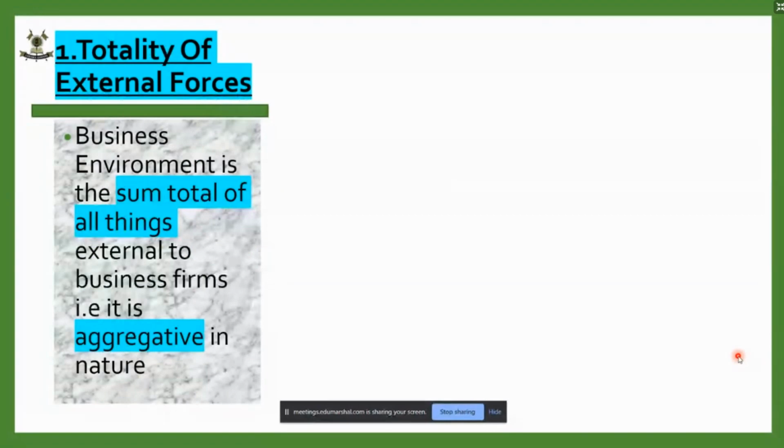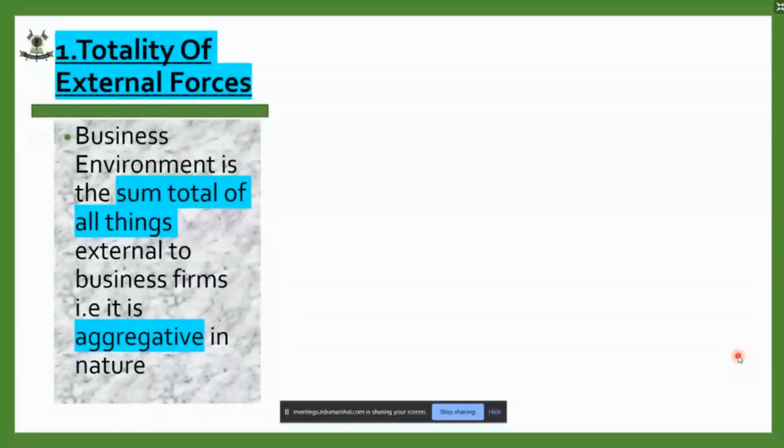So business environment is not something to be studied individually. It's a very huge aggregative concept. So when you're talking about the totality, you have to talk about the sum total of all the things. All the things means what?